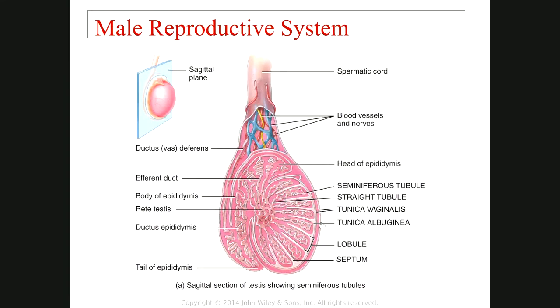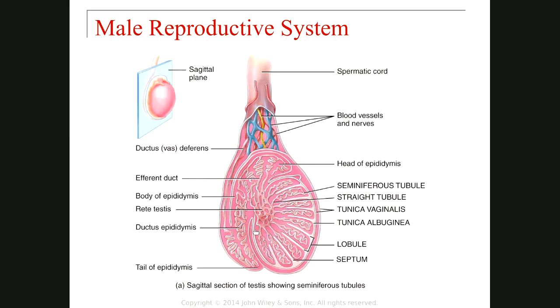Deeper to tunica vaginalis, we have a white tough connective tissue or a capsule which covers the testis from outside. We call it tunica albuginea. The tunica albuginea becomes thick on one side of the testis. This thick part is called the mediastinum of the testis.